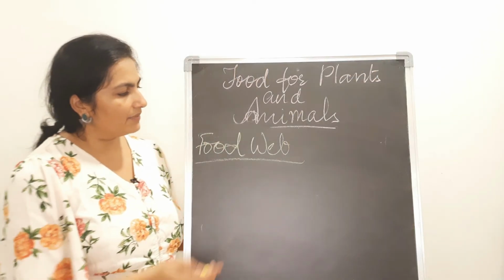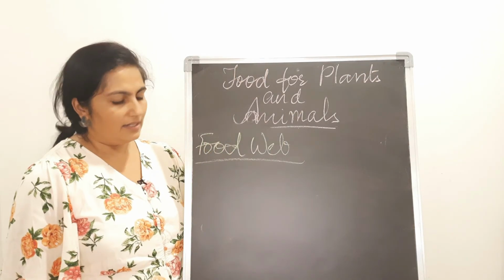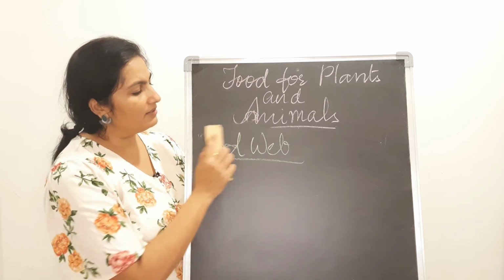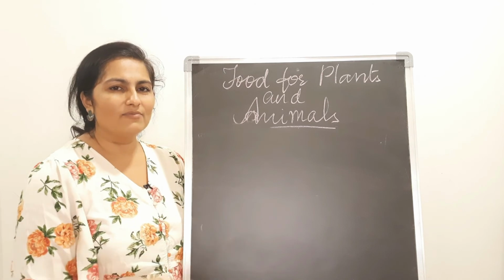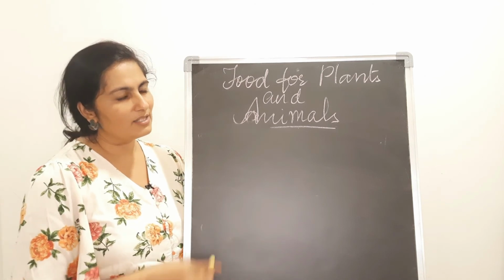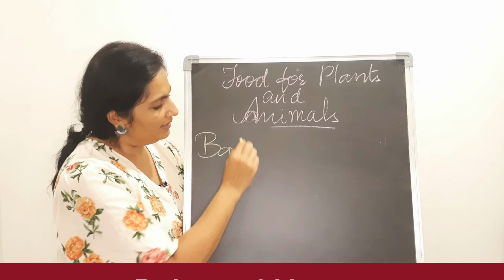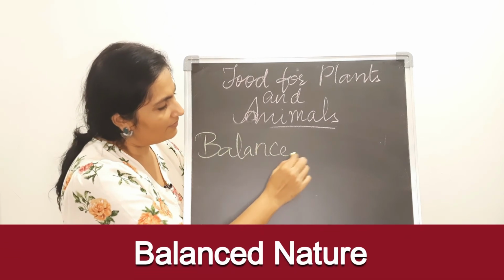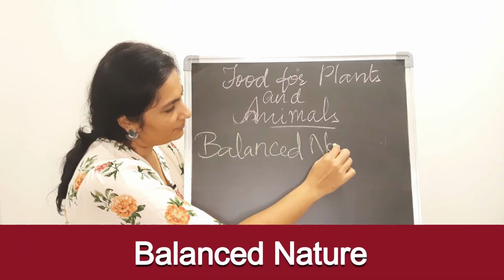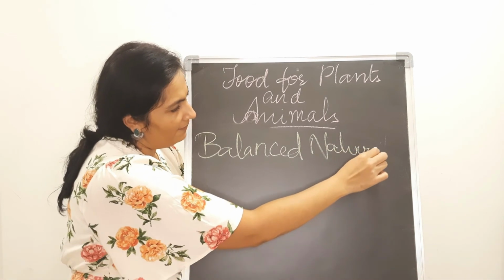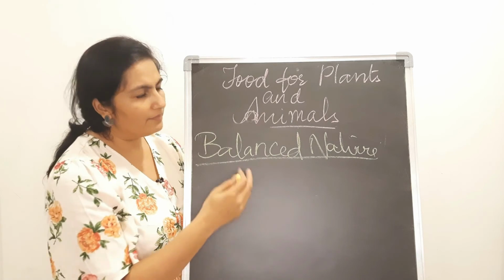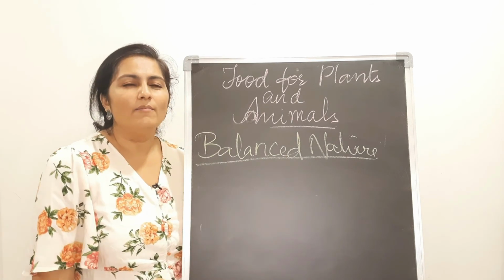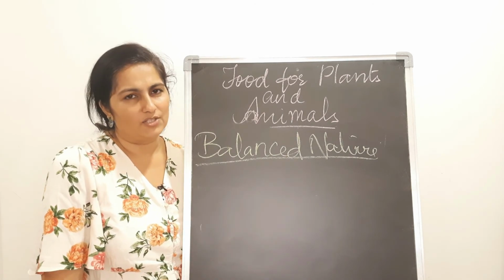Okay, so we have learned all the things about food of plants and animals and the ecosystem, food chain and the food webs. Now let's look at what is a balanced nature. Okay, balance in nature.